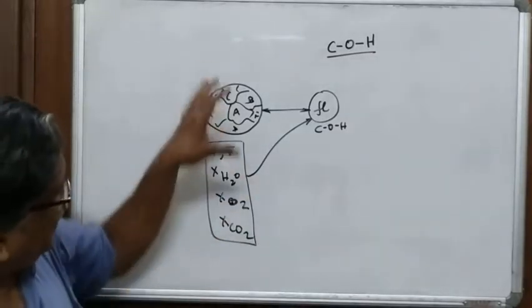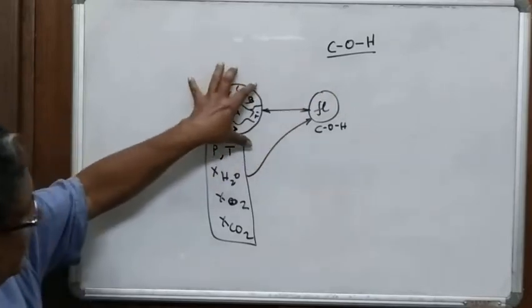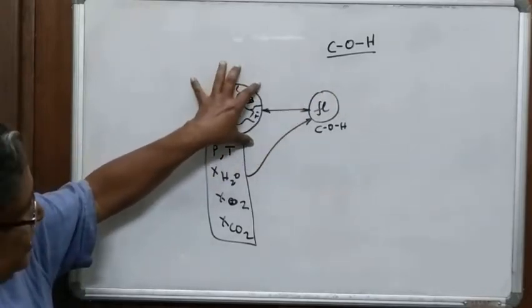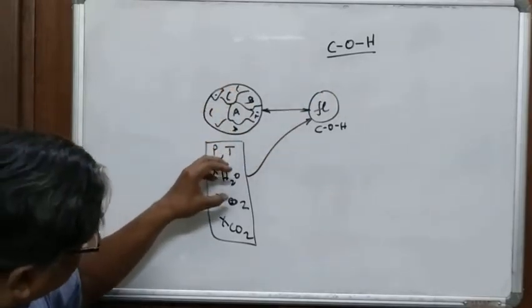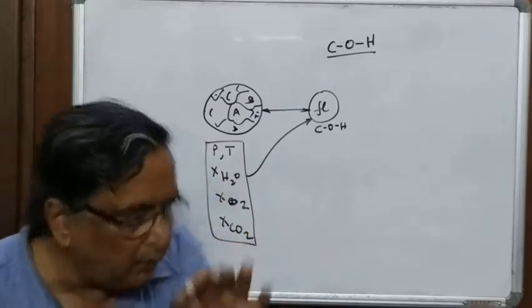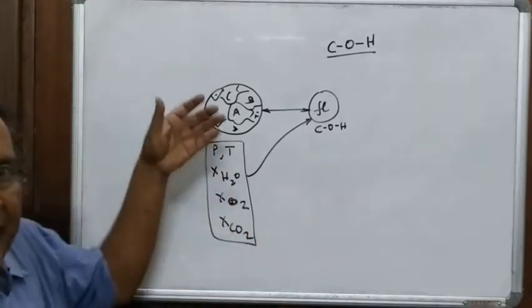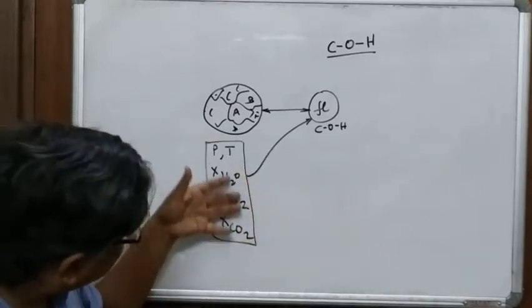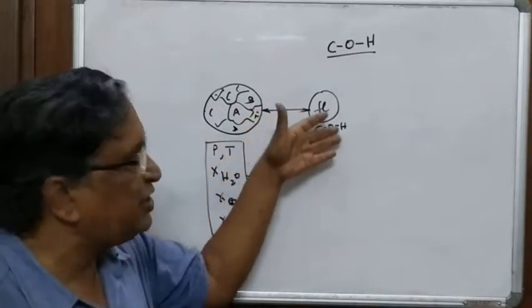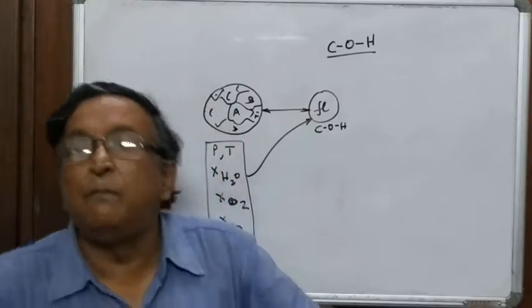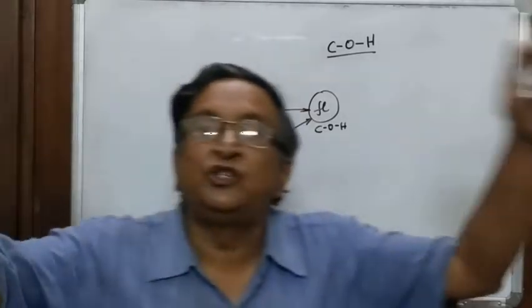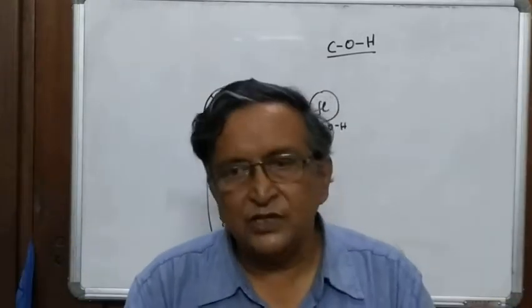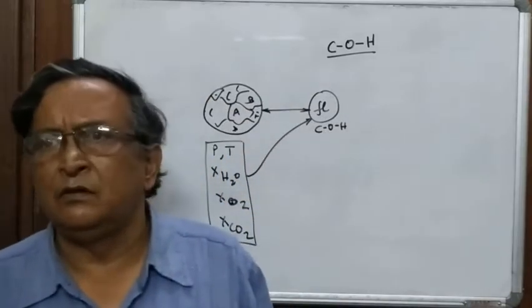If you have a fluid in equilibrium with a mineral assemblage, and if we can find out for a particular equilibrium the pressure, temperature, and mole fractions of certain fluid compounds, then we can apply this to the COH fluid to retrieve some more data. The question is, what is the other data?